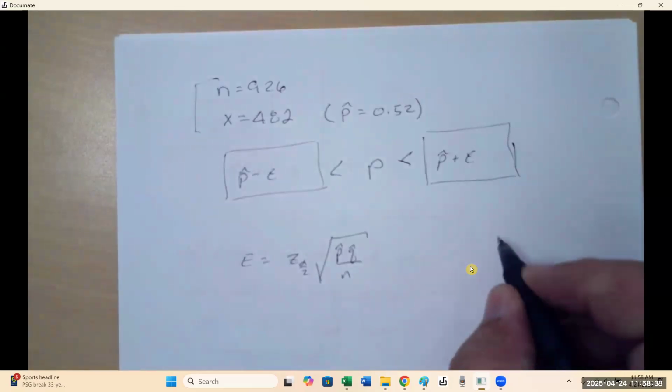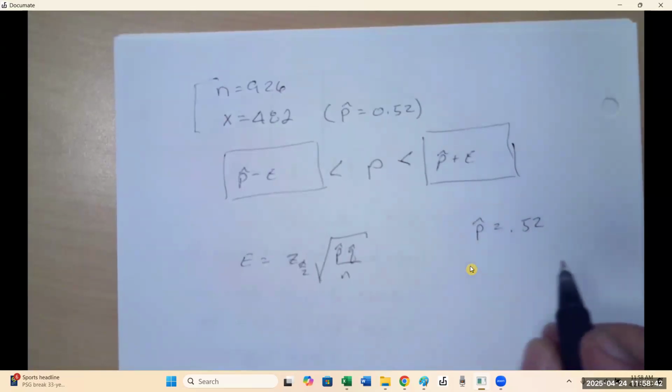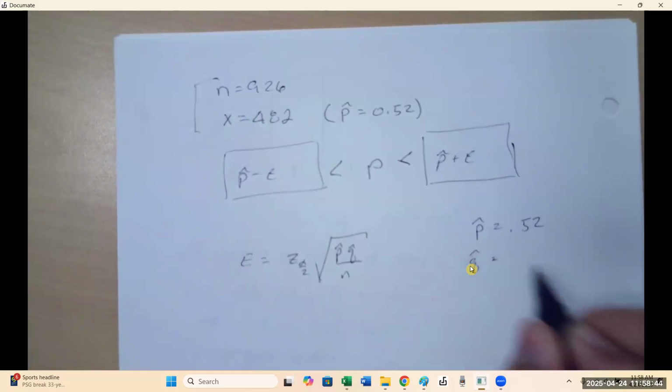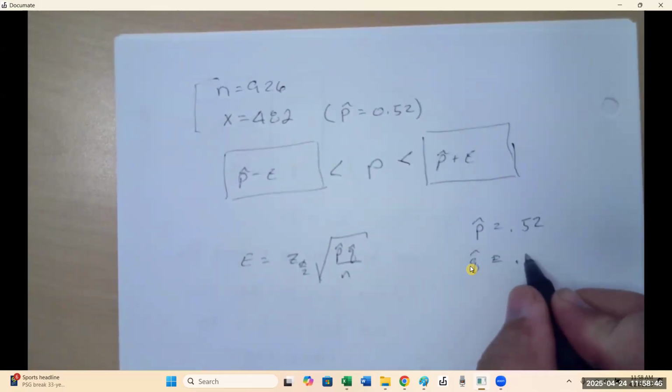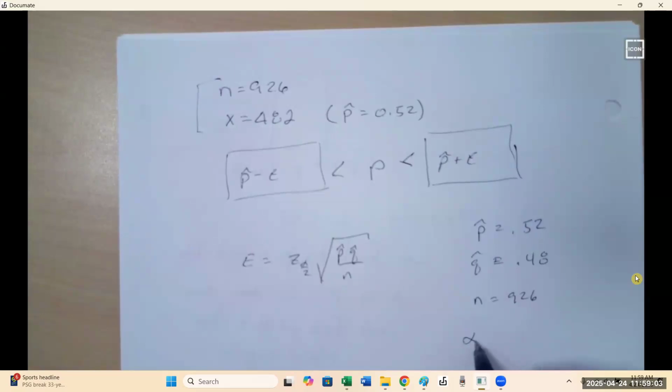Okay, so P hat is 0.52. So it means Q hat is 0.48. N is 926. And alpha is 0.05.